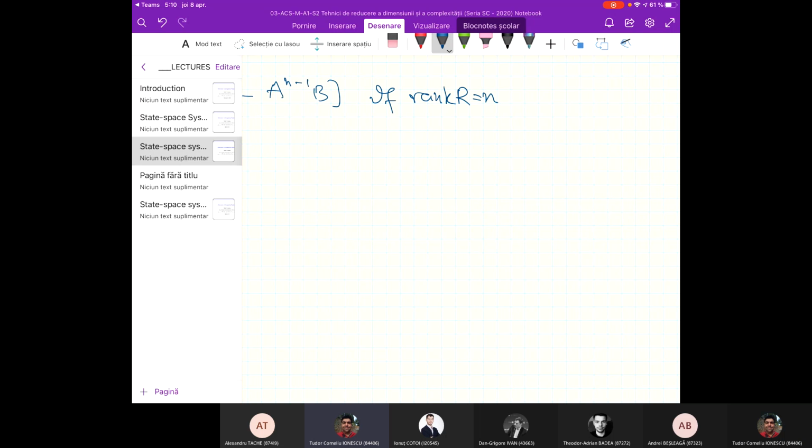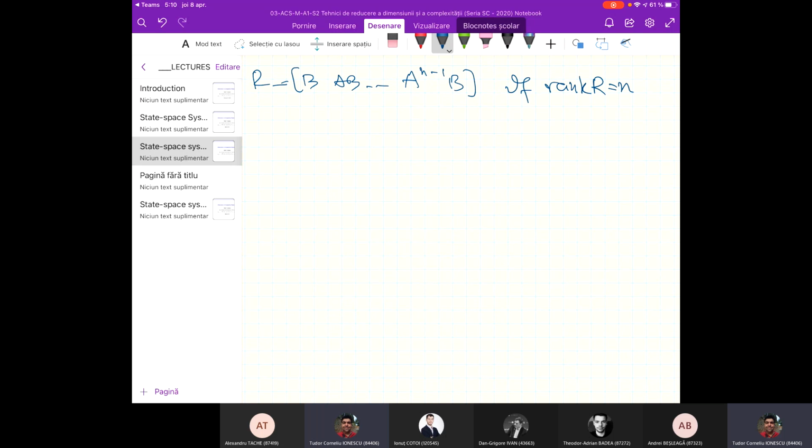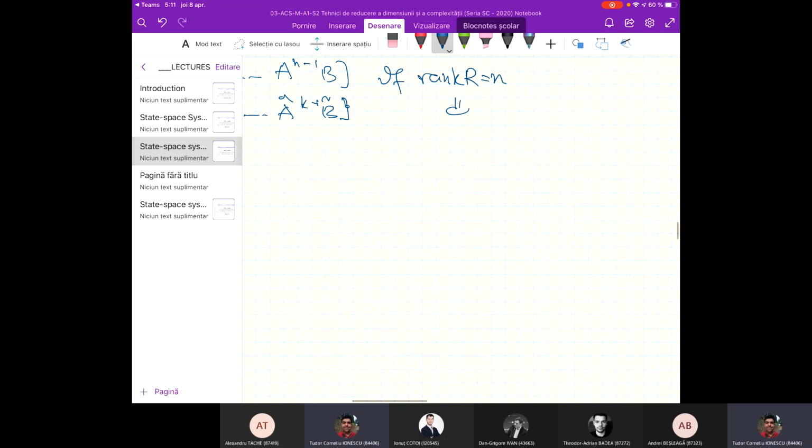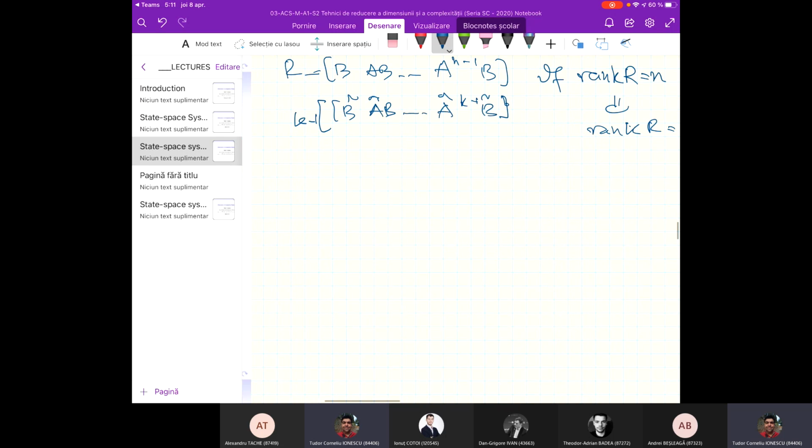Any other portion, B tilde, A tilde B tilde, up to A tilde to the power k minus 1 B tilde, where this has k lines, has rank k, because k is smaller than n.